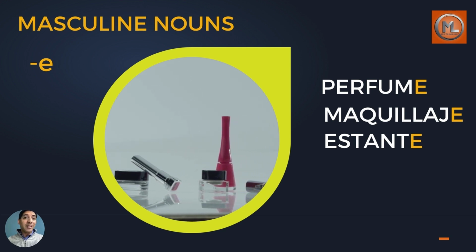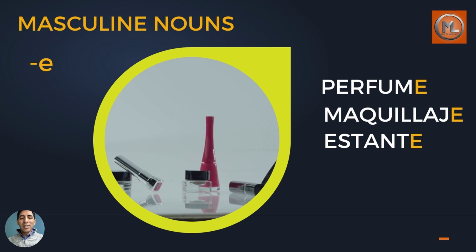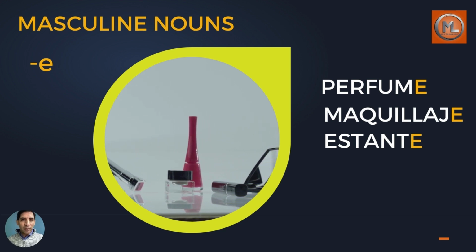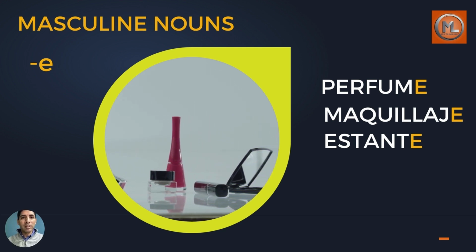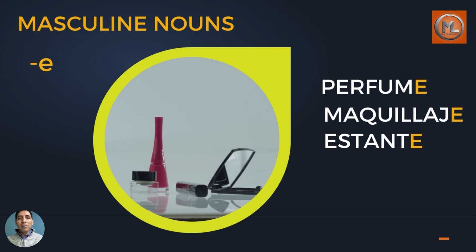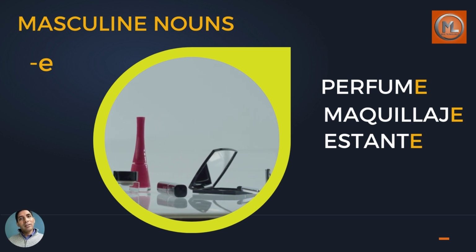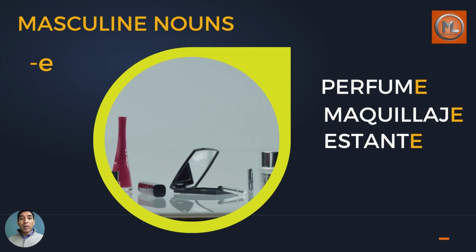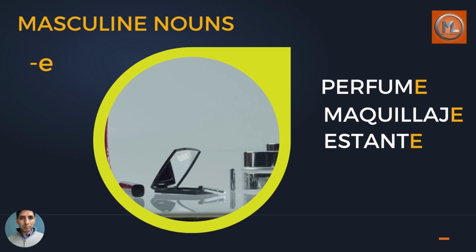Also, words that end with E. Well, this one is really tricky because it's in both categories. It can be feminine or masculine, all right? But there are many, many words that end in E that are masculine, such as perfume.